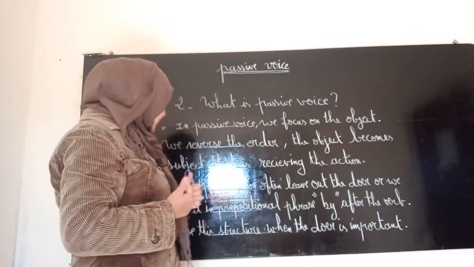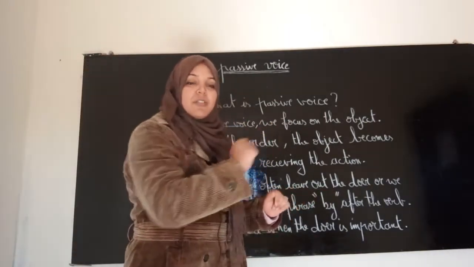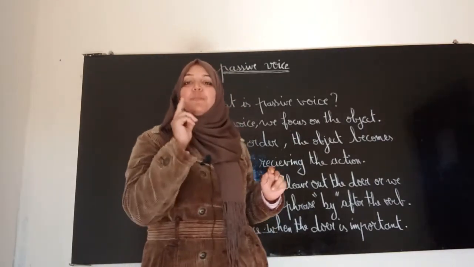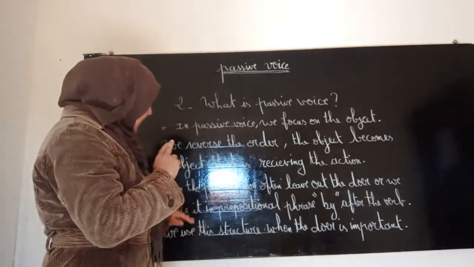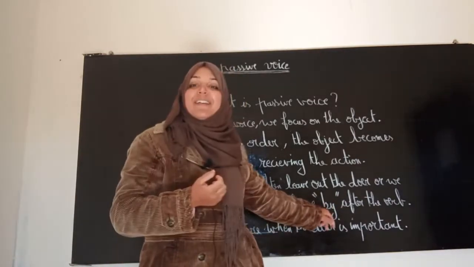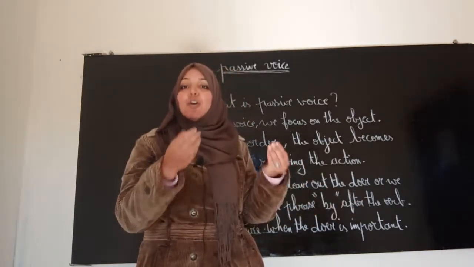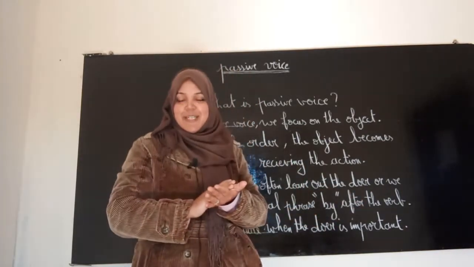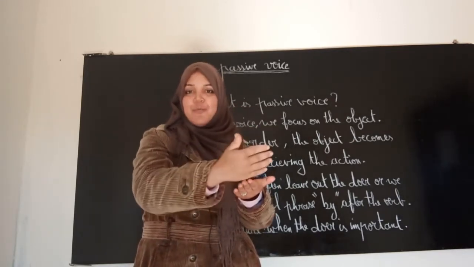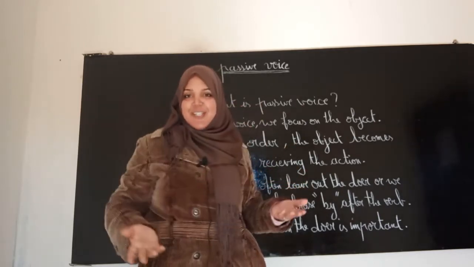Right? Fine. In passive voice, we often leave out the doer or the agent, or we place it in prepositional phrase, which is called by, okay, after the verb, to say who did the action. Okay? We place the doer in prepositional phrase after the verb to say who did the action.